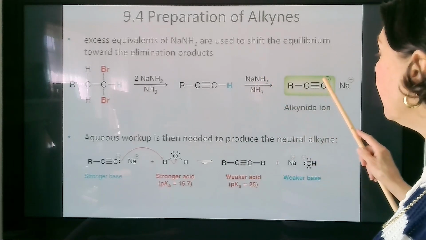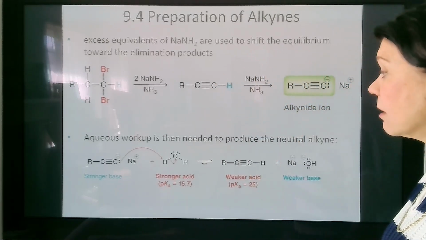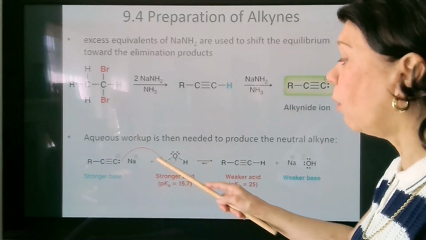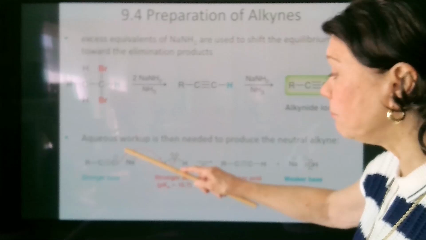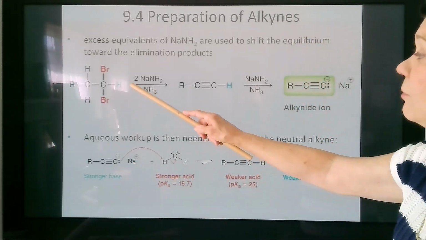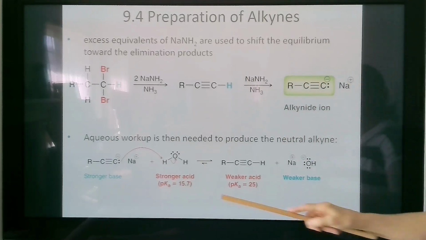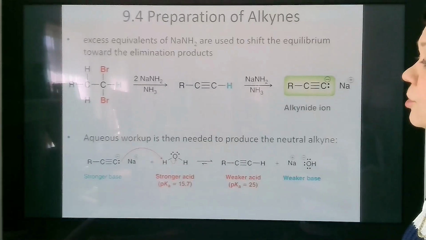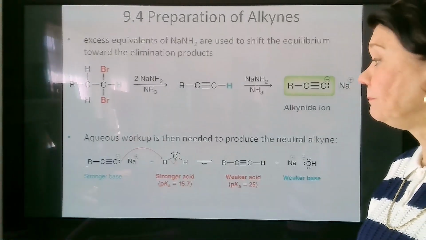So then, in order to get this back, if you do indeed want the alkynyl proton on there, you have to add a little bit of water to neutralize the reaction and protonate this. And so often you'll see the reaction carried out and then some water added to take you back to the alkyne.